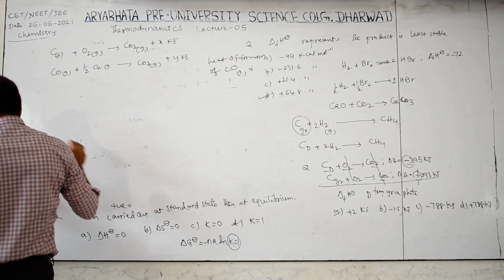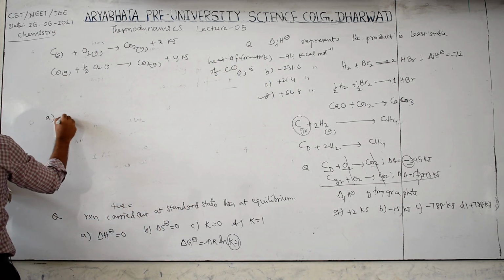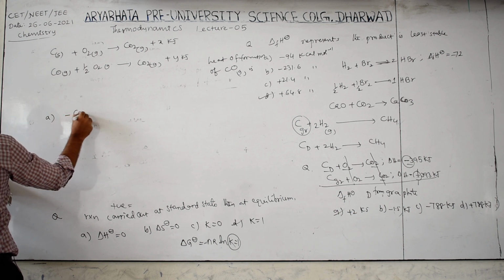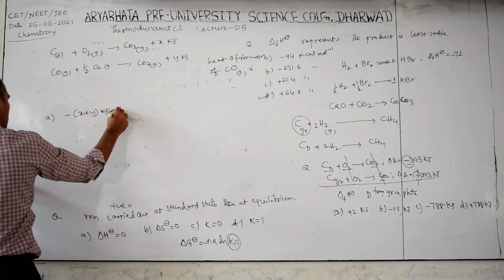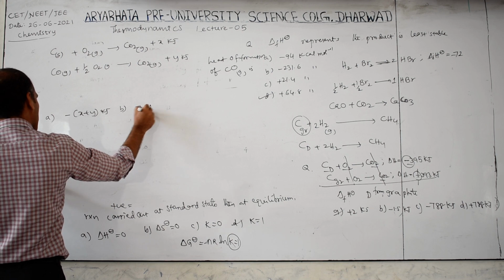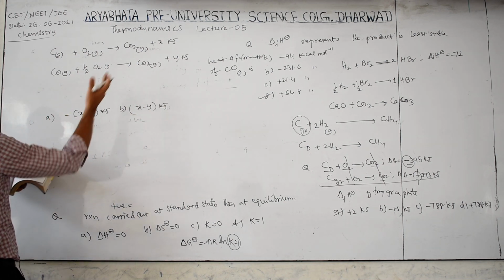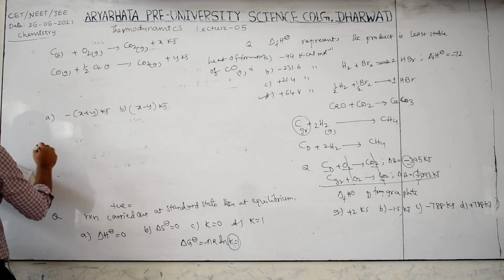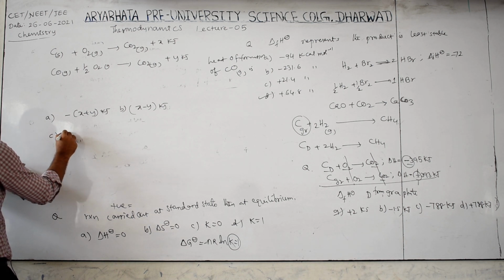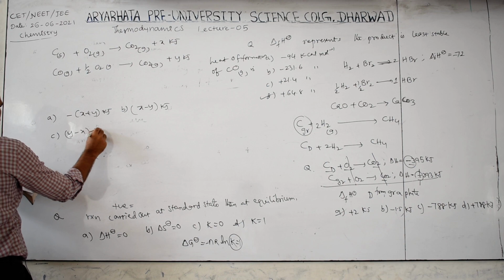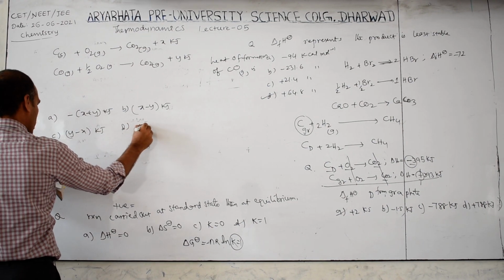Options are given here: A minus X plus Y kilojoule, B X minus Y kilojoule per mole actually. Per mole is not given in the question, that's why I am not writing it. And C Y minus X kilojoule, D none.